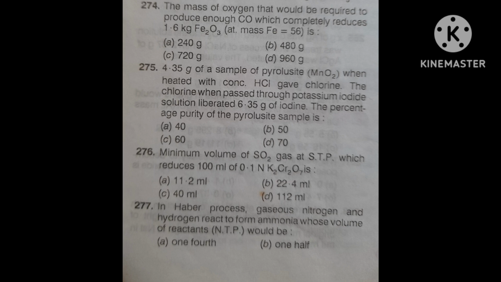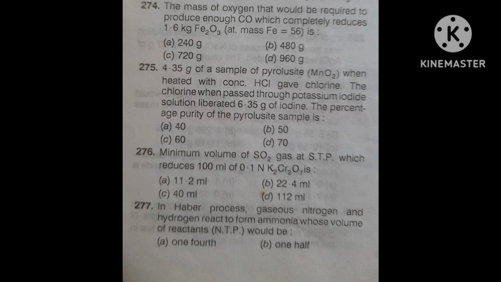Equation 1 is 2C plus O2 giving 2CO. And this CO further will react with Fe2O3. Correct? This CO will react with Fe2O3, then you will get 2Fe plus 3CO2. Then you have to cancel this CO. Why?